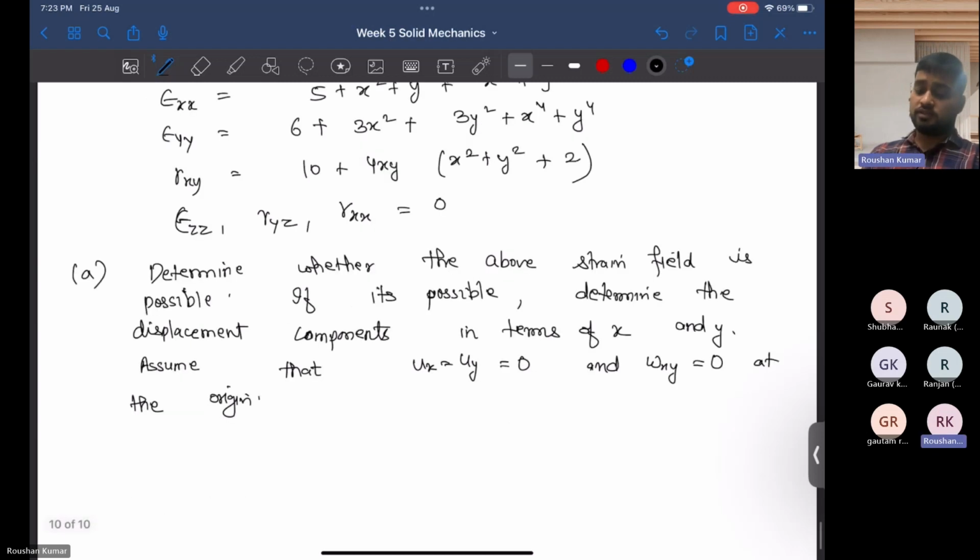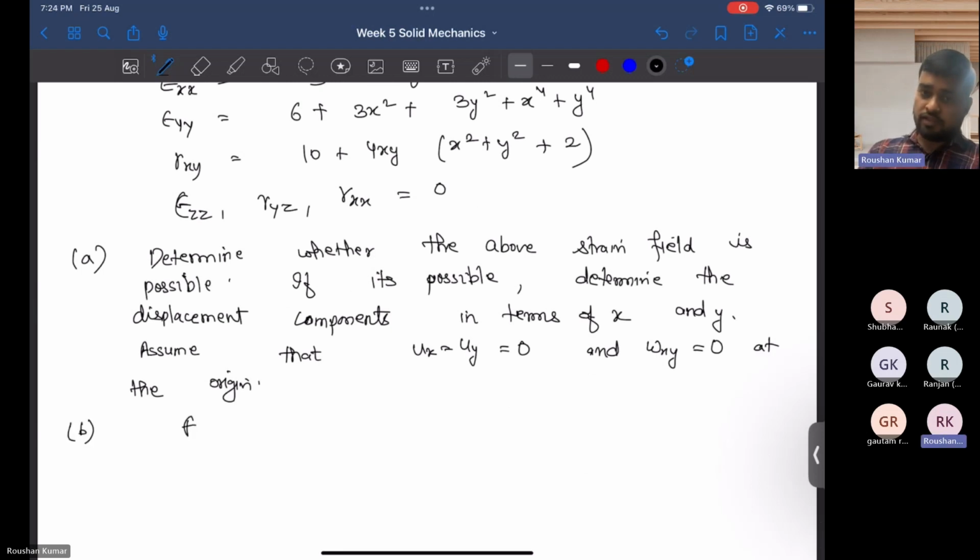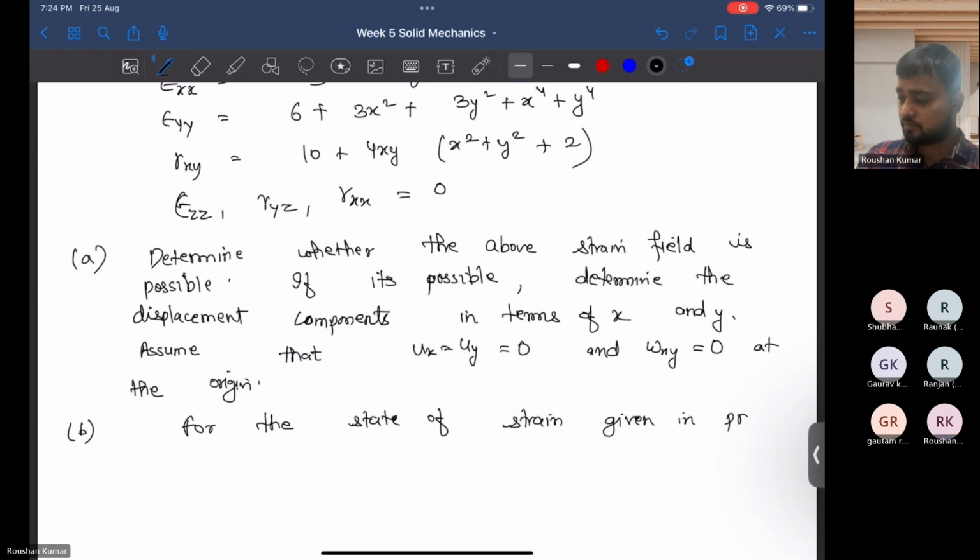And the second part of this question is, for the state of strain given in the previous problem, write down the spherical, or you say volumetric, and deviatoric parts.